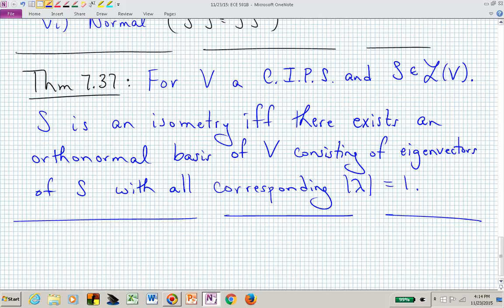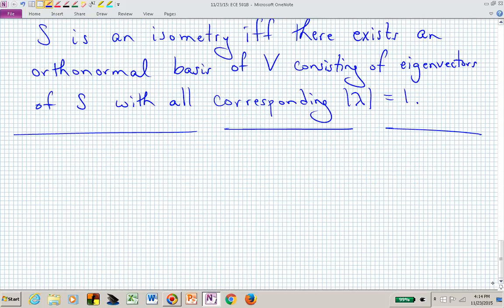Let's now show the other direction on this if and only if, that A implies B. That if we have S as an isometry, that implies that we have a set of eigenvectors that are orthonormal and they have magnitudes of those eigenvalues equal to 1. Let me write what I just said.